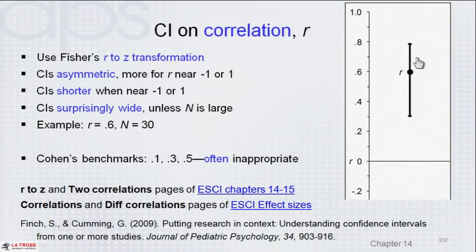Often we find that confidence intervals are embarrassingly wide, discouragingly wide. And confidence intervals on r is certainly a case in point. This was, I think, for n equals 30, and you could go into ESCI and try for n equals 100, it would be shorter, for 20 it would be longer, and so on. Cohen's benchmarks for r, 0.1, 0.3, 0.5, are particularly inappropriate in lots of cases.